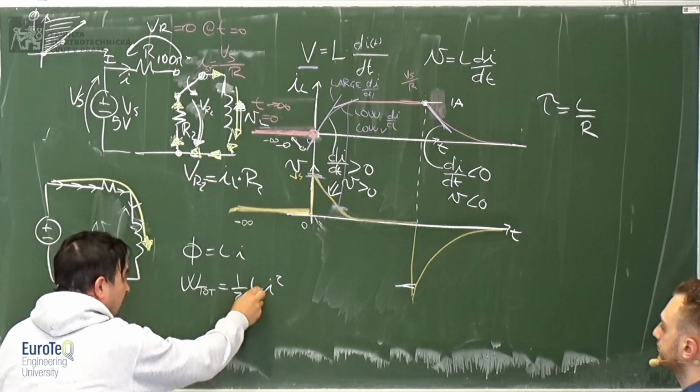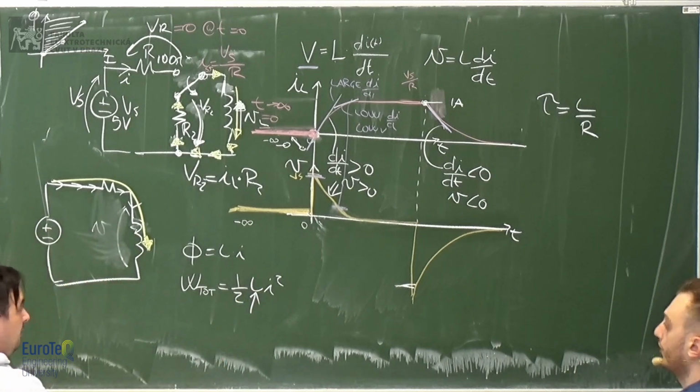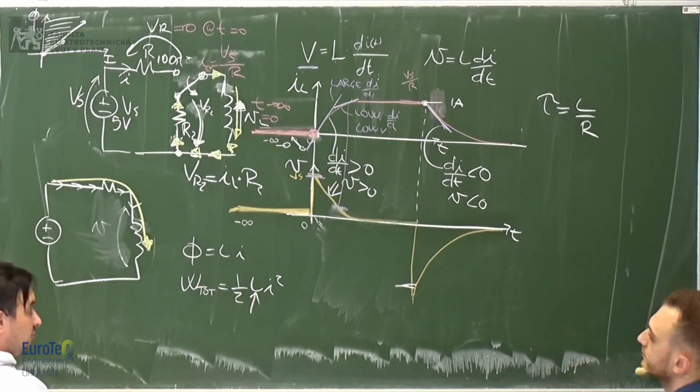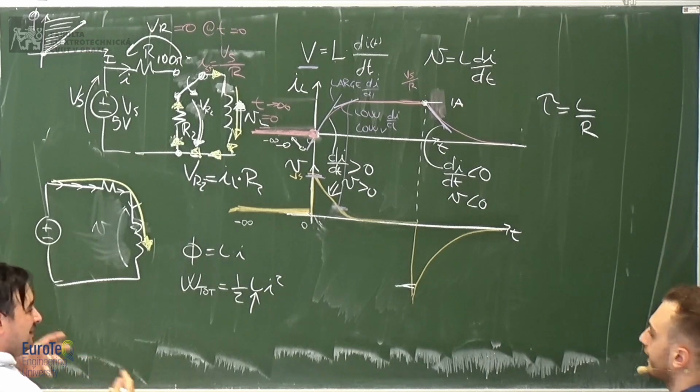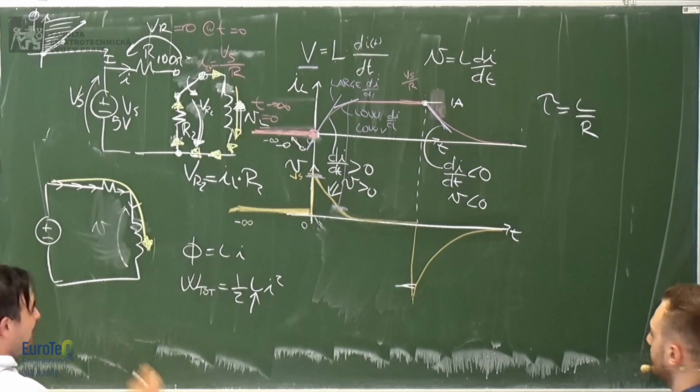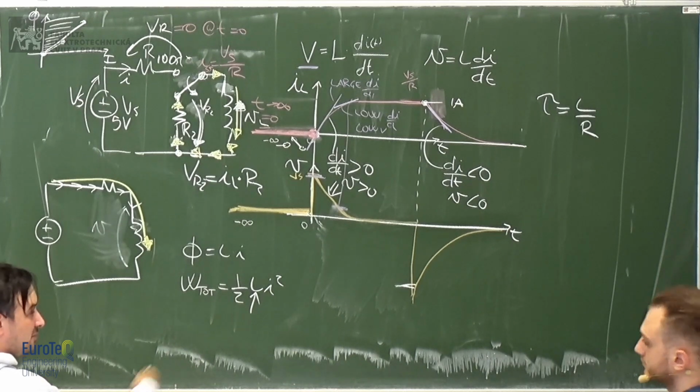So the bigger is L, the more energy needs to be put in to energize. Charge is a word that... to energize. Let's say charge, whatever. No, energize. So it needs more time, and therefore the process is slower.